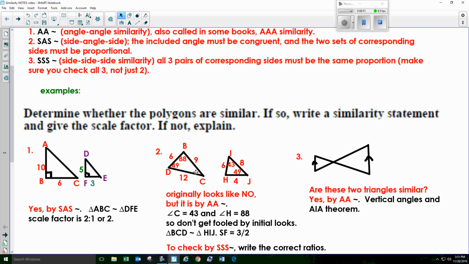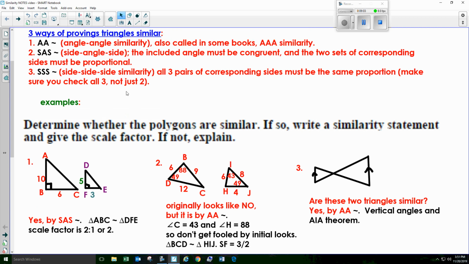You would have found this third angle is the 43 that goes along with this, and this third angle is 88, which matches up with this. And so they are similar by AA similarity. All 3 angles are exactly the same, meaning the corresponding angles. Like I said, it originally looks like no, but it is by AA similarity.